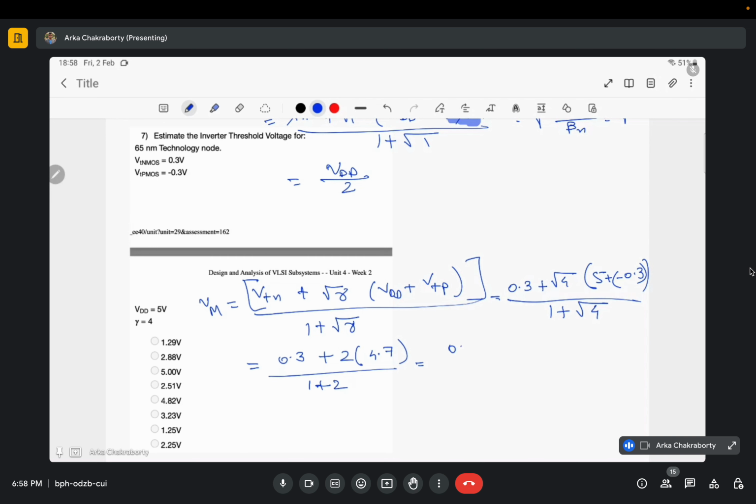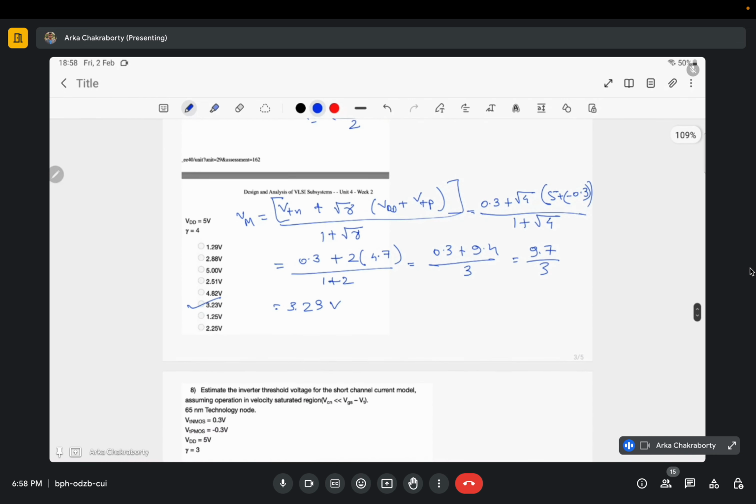So it will come 0.3 plus 9.4 by 3, so 9.7 by 3. It would come 3.23 volt. Correct? This is how you can calculate the threshold voltage of a long channel CMOS based inverter.